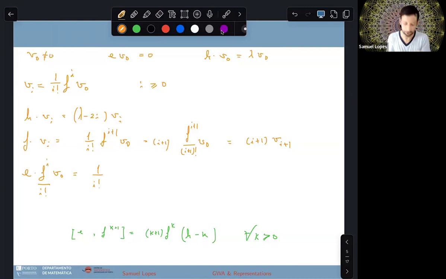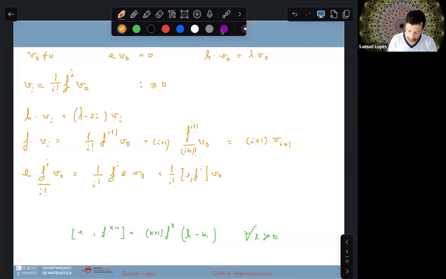So I want to interchange e and f to the i because I don't know what e does to this f to the i v0, but I know what e does to v0. So I'm going to change the order, that fundamental trick of Lie representation theory that I mentioned before. And I can do that at the expense of adding a commutator. So plus 1 over i factorial, the commutator of e with f to the i.